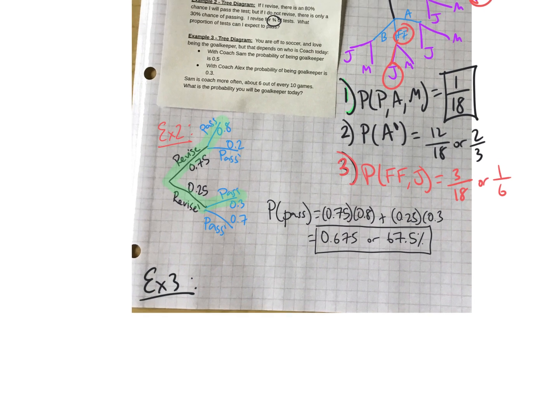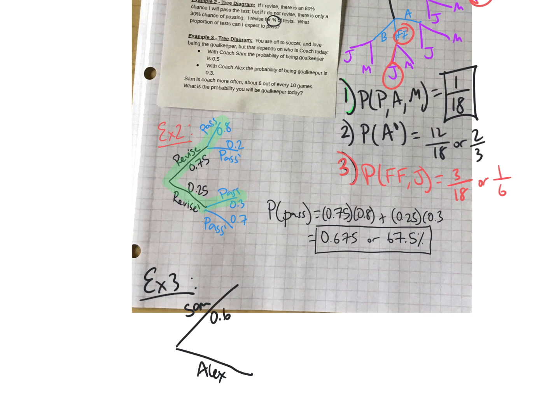So let's see. To start off, we could have one of 2 coaches, Sam or Alex. So I'm going to draw a tree diagram with 2 branches, Sam or Alex. And Sam is coach 6 out of every 10 games, so 0.6 of the time.